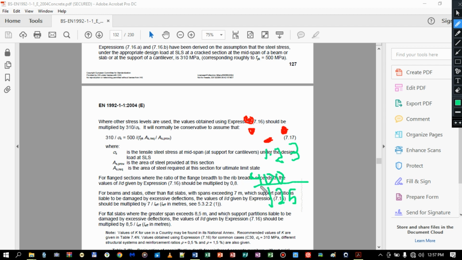So we shall have to reduce our basic span to effective depth ratio by a factor 0.8.